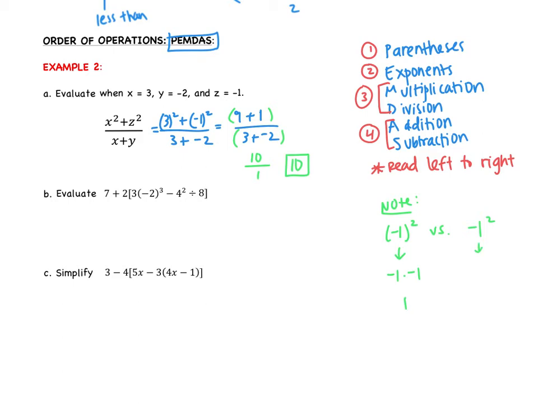This second one is really negative times 1 squared. So in this one, based on order of operations, we do the squaring first, then we apply the negative. So 1 squared is 1, then we apply a negative, and hence negative 1.